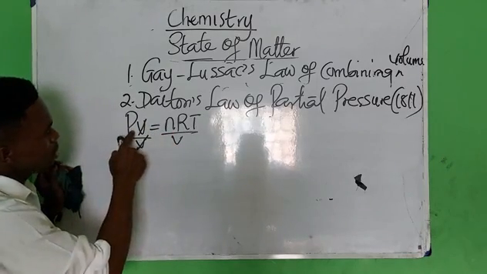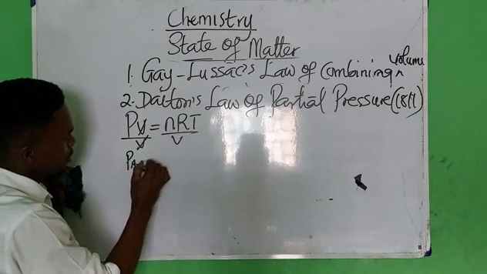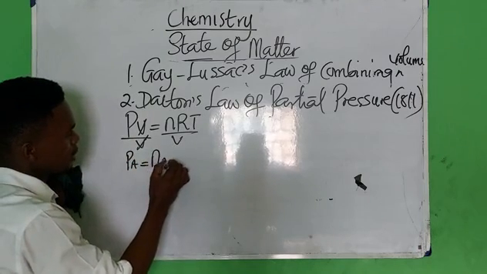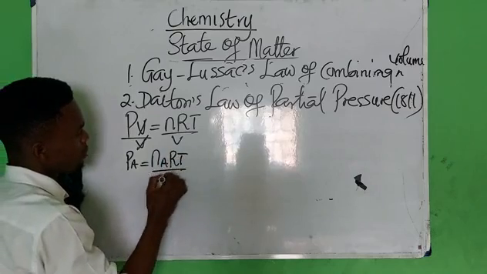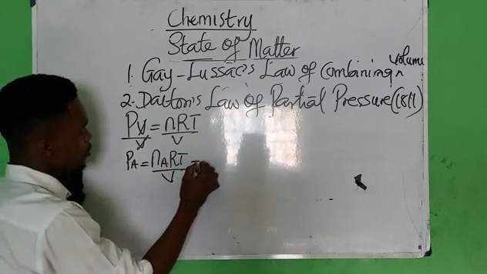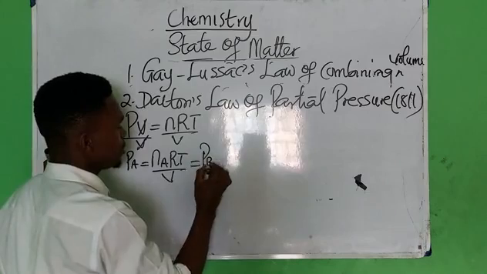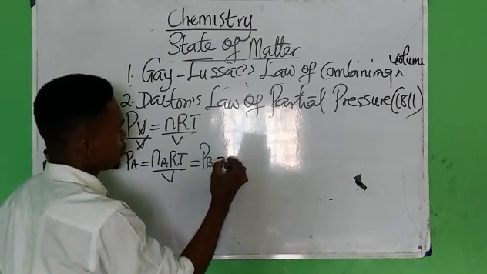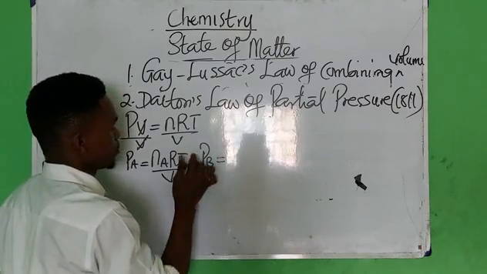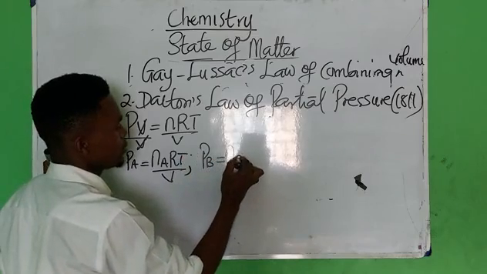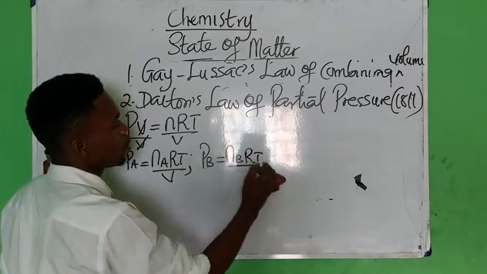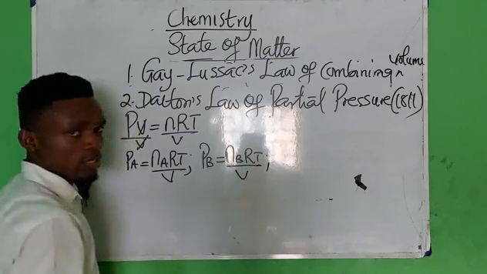So PA equals nA RT over volume. This is also, PB equals nB RT over V. Isn't that correct?